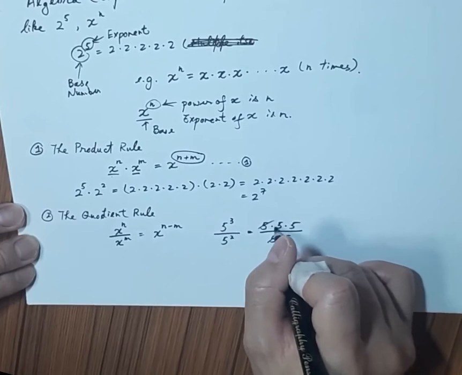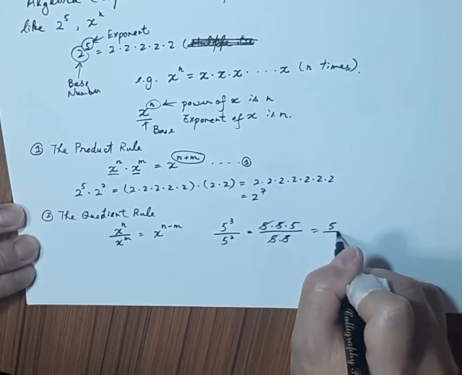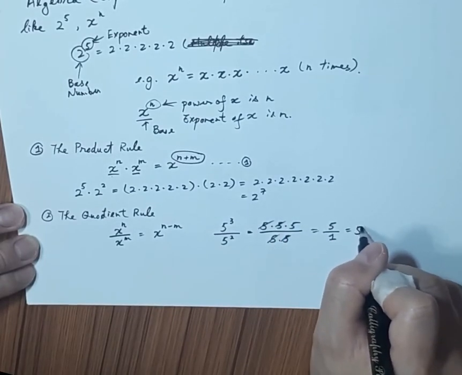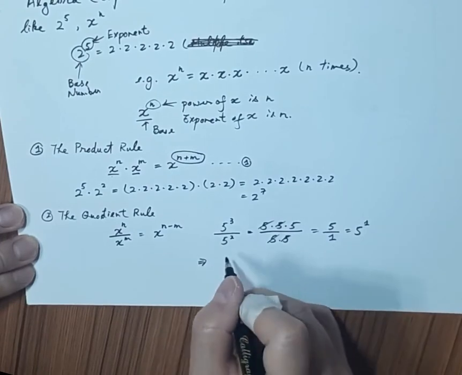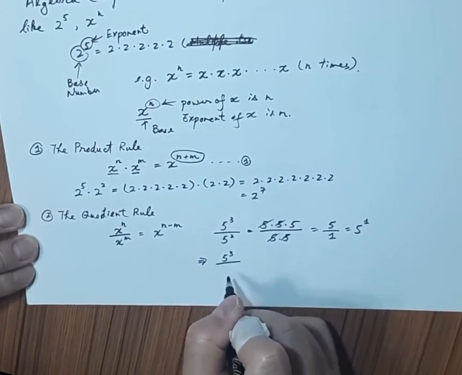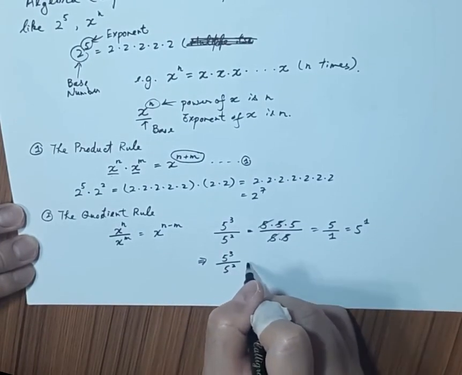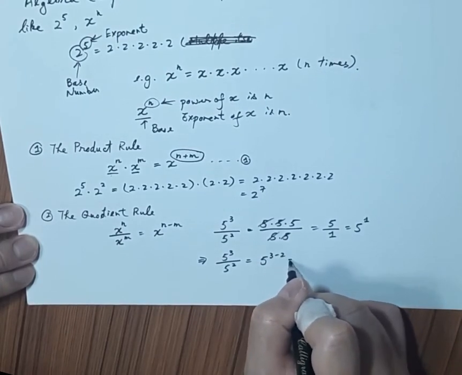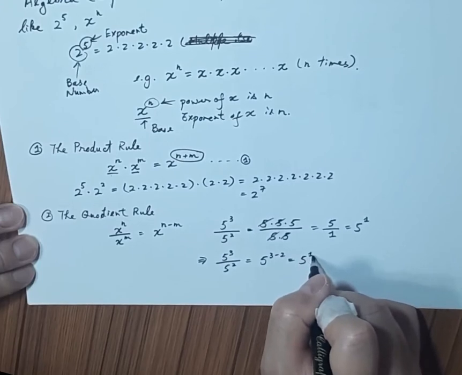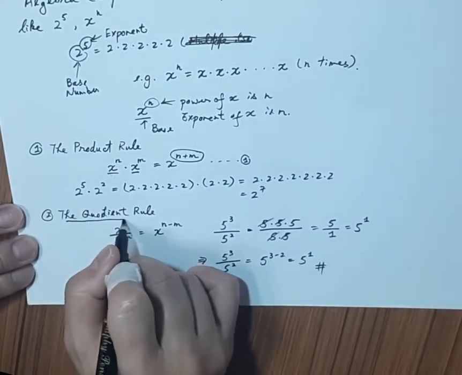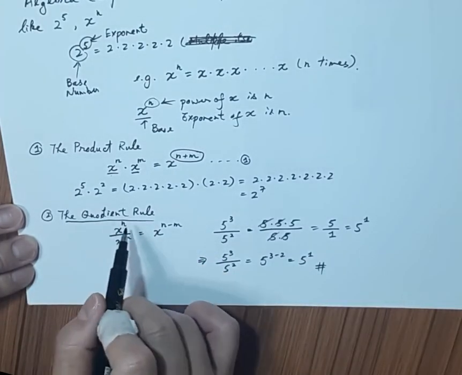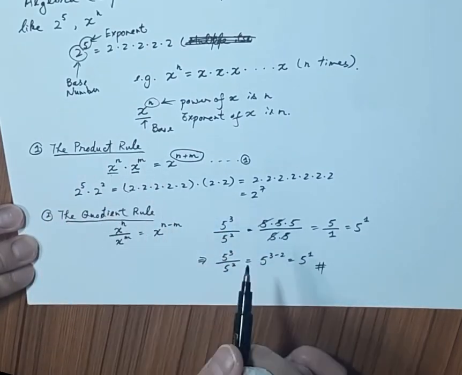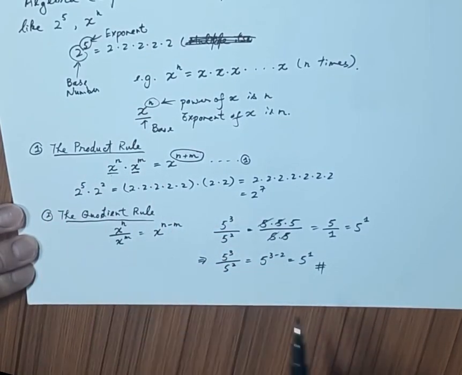We cancel them out. We get 5 over 1, which is equal to 5 to the power of 1. So 5 to the power of 3 over 5 to the power of 2 is equal to 5 to the power of 3 minus 2, equal to 5 to the power of 1. We got the second rule of exponentials. We call it the quotient rule. First rule, the product rule. The second rule, the quotient rule.